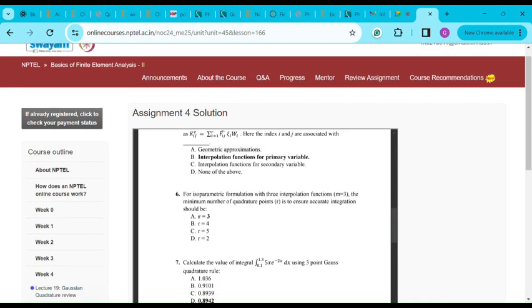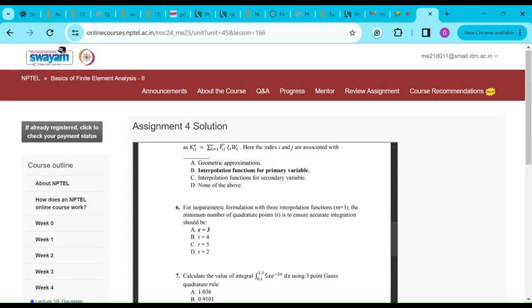Three interpolation functions, it means the order of the approximation is like second order approximation, right? Yeah. Okay. And second order approximation.